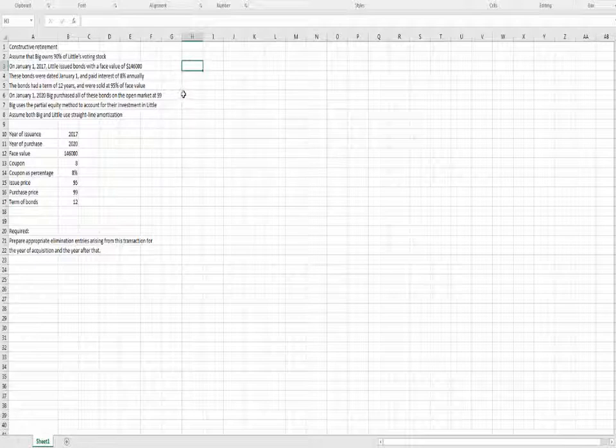Okay, so I guess the first order of business is going to be to compute the gain or loss in retirement, and for that we're going to need the book value or the carrying value of the debt. So the face value is going to be 146. These things were issued at 95% of face value, so the original discount was 5% of face value.